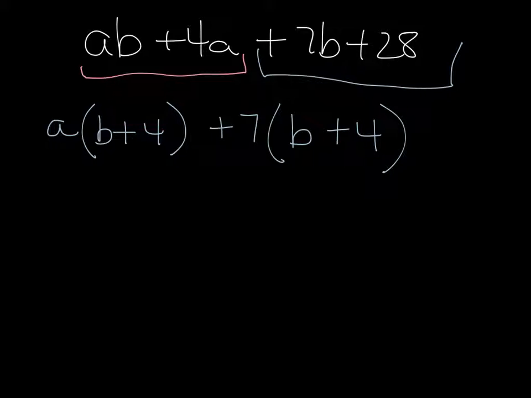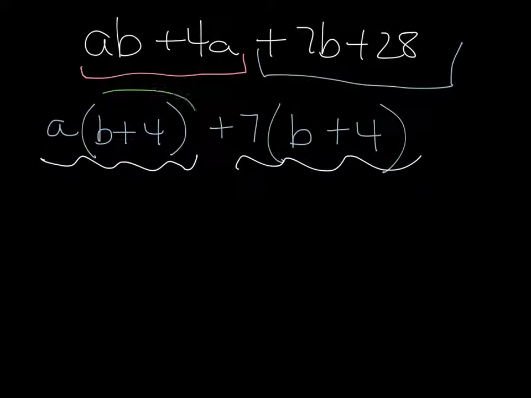Now the reason we did that is that what's left here is technically a binomial: this is one term and this is the second term. Look at what they have in common. They both have a B plus 4.